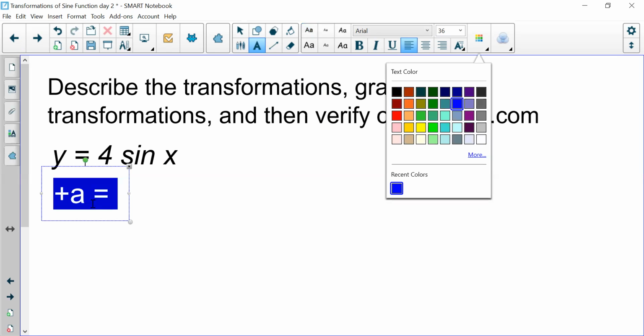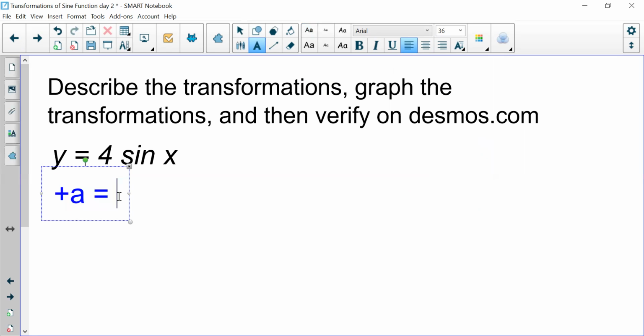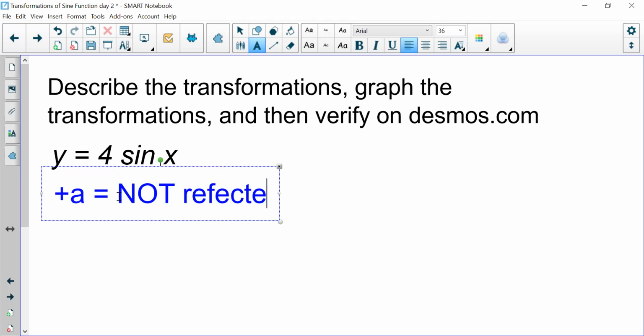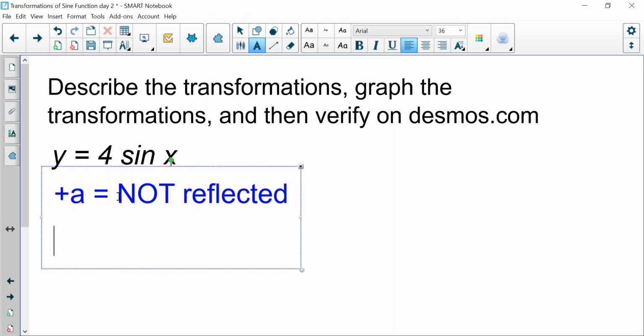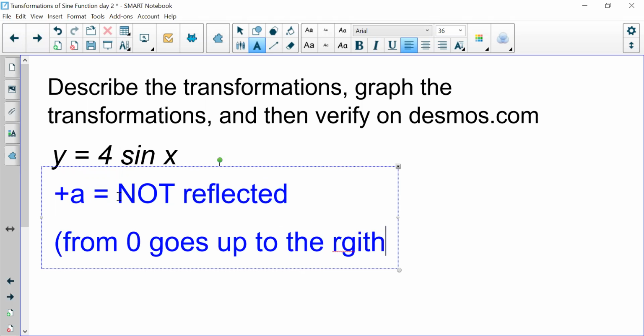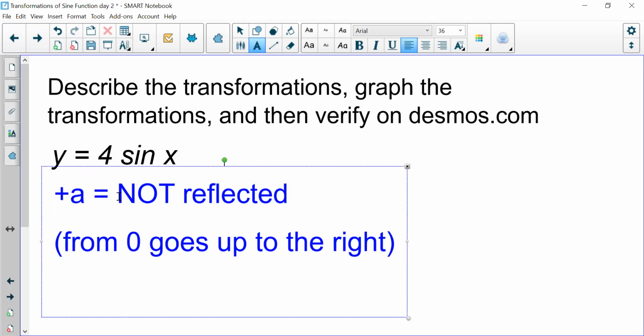Actually, if A is positive, it is not a reflection. It's going to start from 0 going up to the right. It's only going to reflect down if it's negative. So this one is not reflected. From 0 it goes up to the right. And A is a value of 4. So what do you think the amplitude is?